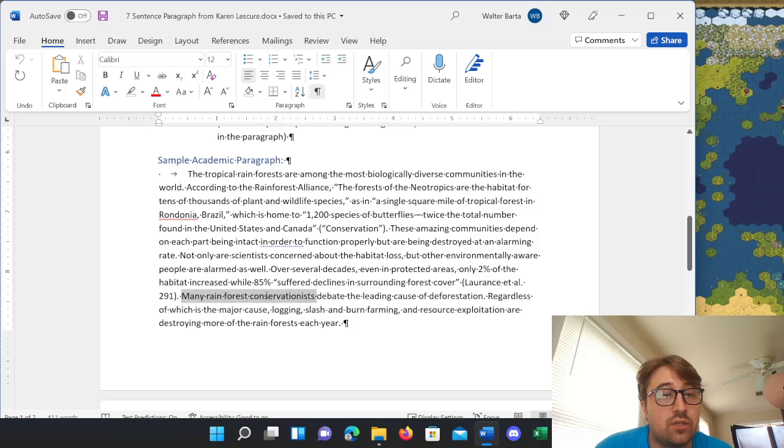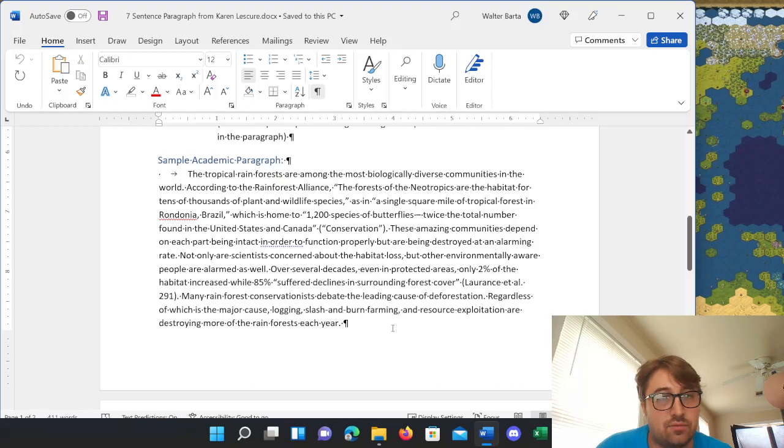So many rainforest conservationists debate the leading cause of deforestation, regardless of which is the major cause. Logging, slash and burn farming, and resource exploitation are destroying more of the rainforest each year. So this comments a little bit more on this supporting detail, right?